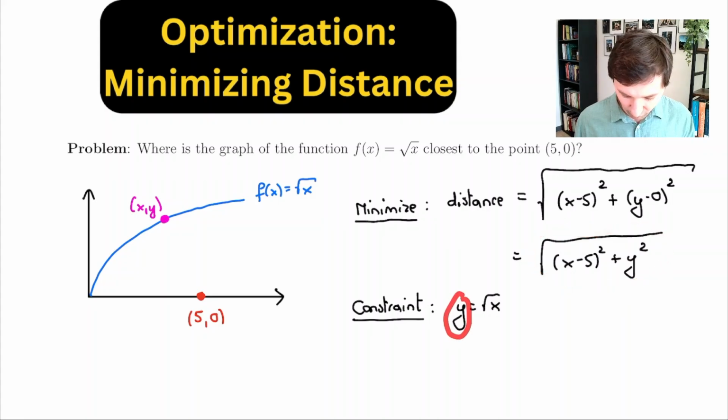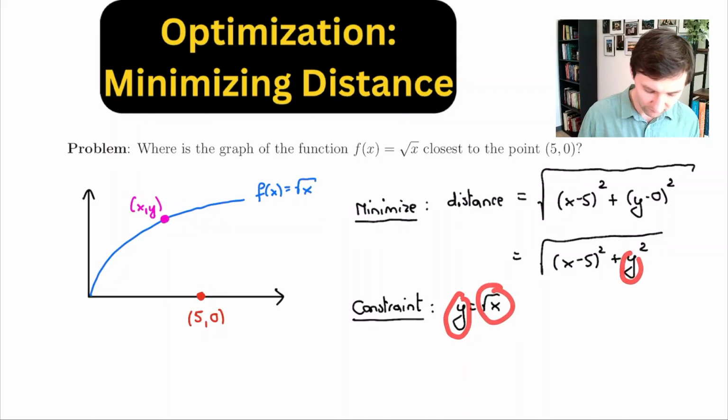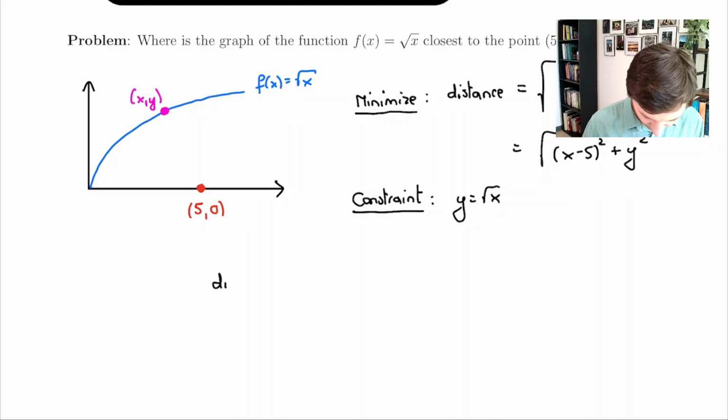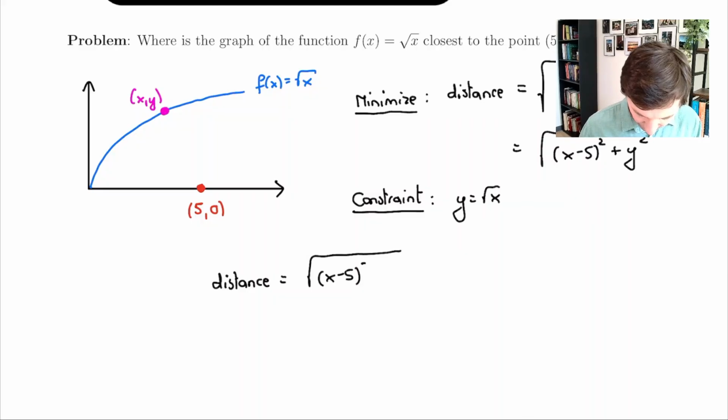Wherever I used to have y, now I will have square root of x, and I get distance equals square root of x minus 5 squared plus, and instead of y, I will use square root of x squared.